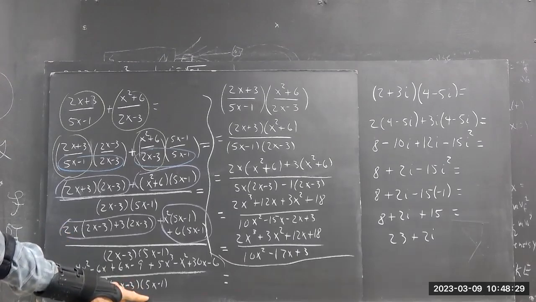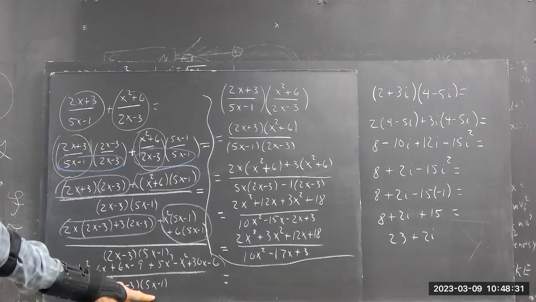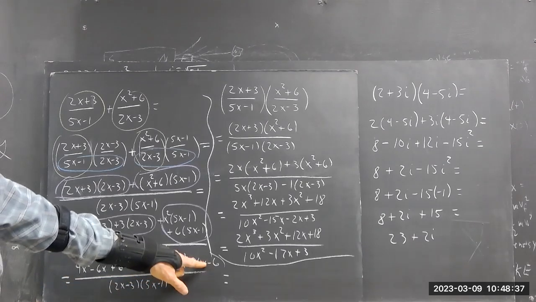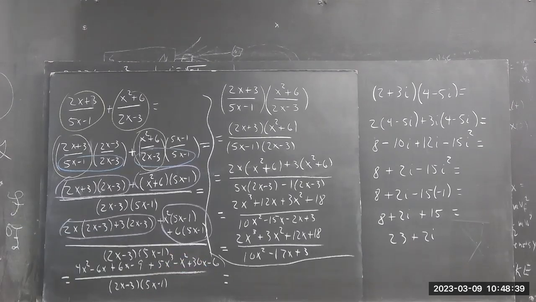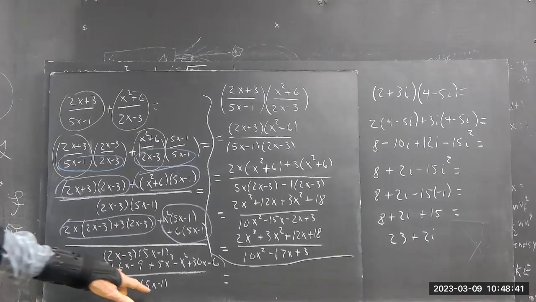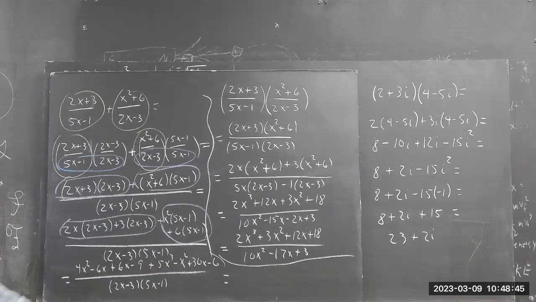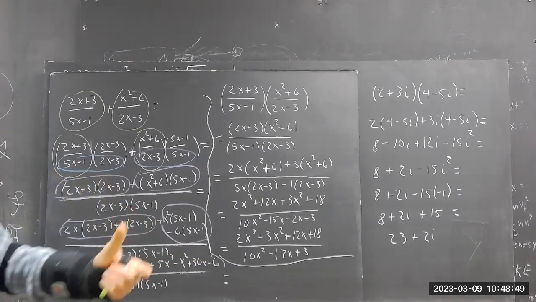Well, the reason I don't multiply this out is one of these factors might actually be a factor of this numerator. So I want to have the denominator factored until I've factored the numerator, if possible, to make sure nothing matches up and divides out.